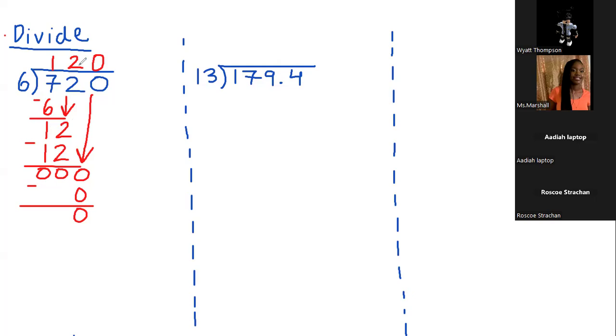We found out that was 2. Multiplied the 6 times the 2. That gave us 12. Subtract. That left us with 0. Next, we have to bring down the 0. Find out how many times 6 can go into that 0. We found out that was 0. 0 times 6 is 0. So we subtract 0 from 0, and that left us with 0. And so our final answer is 120. What do we call 120, class? The quotient. Very good. That's the quotient. The answer we get.